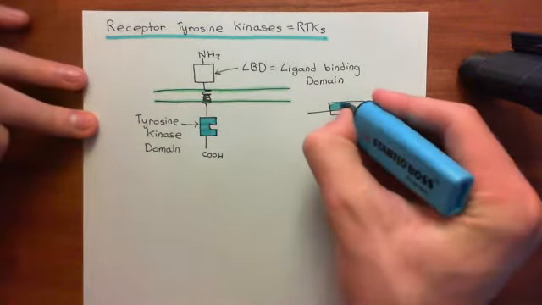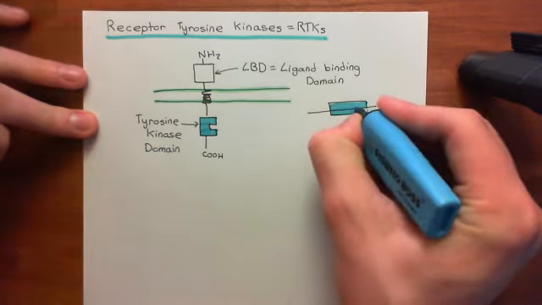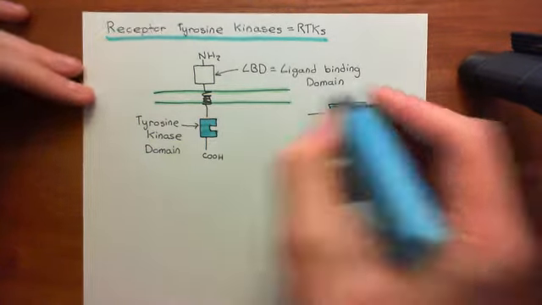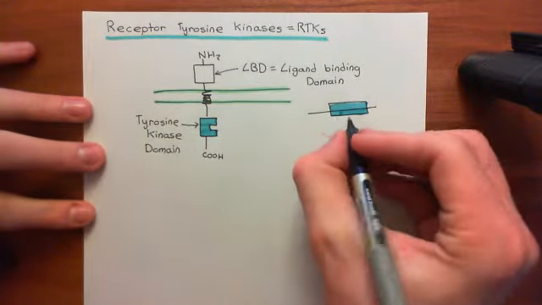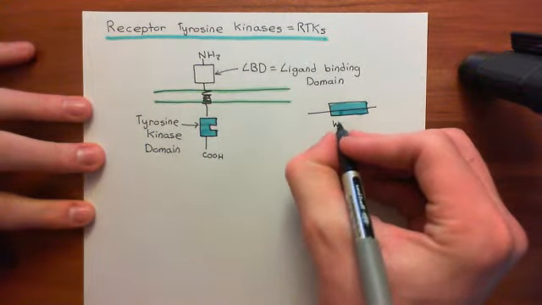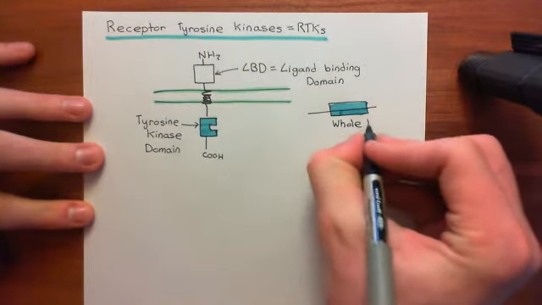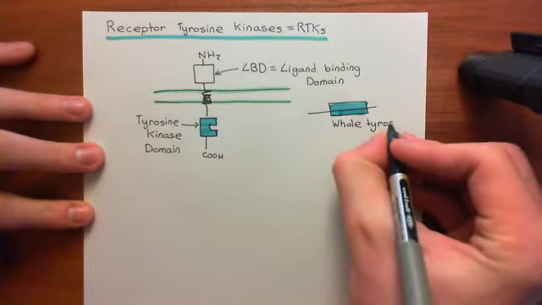Okay, so there's one section of the primary structure of the polypeptide which will then fold up to produce the tyrosine kinase domain in the tertiary structure. Okay, so that's a whole tyrosine kinase, okay, an unsplit tyrosine kinase.